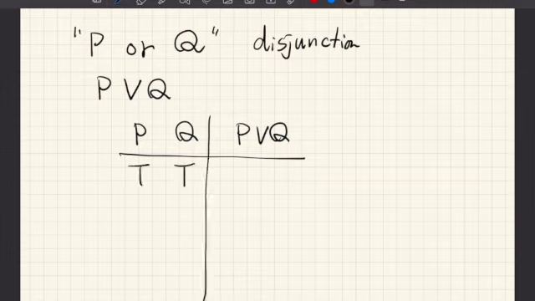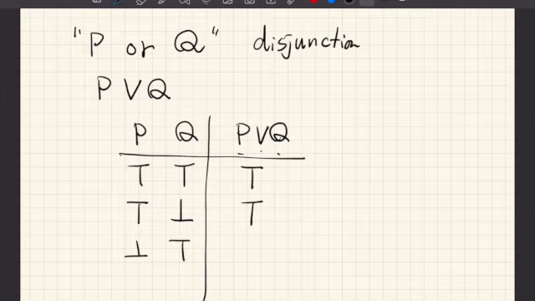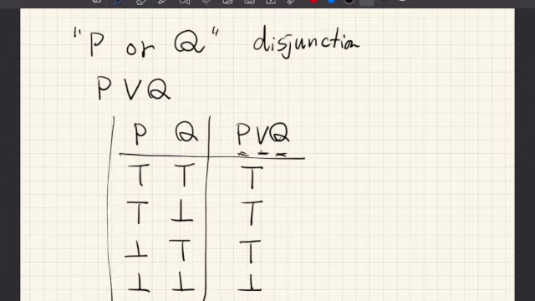When both are true, this is true. When P is true, Q is false, P or Q is true. When P is false, Q is true, then P or Q is true. When both are false, then P or Q is false.